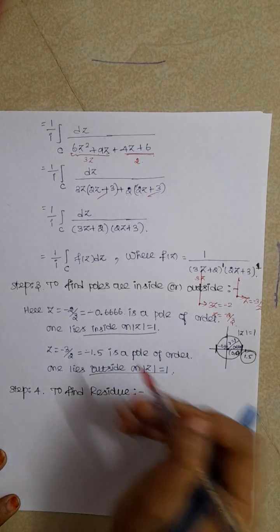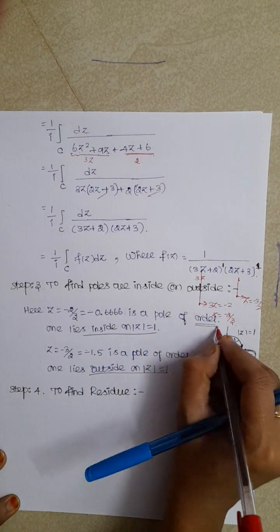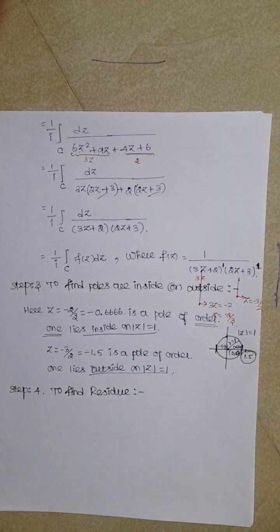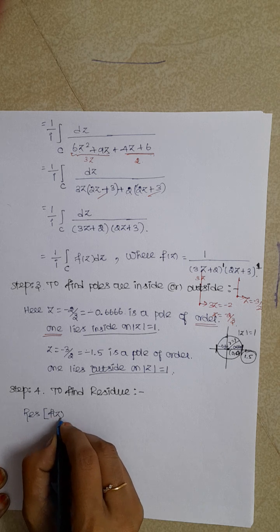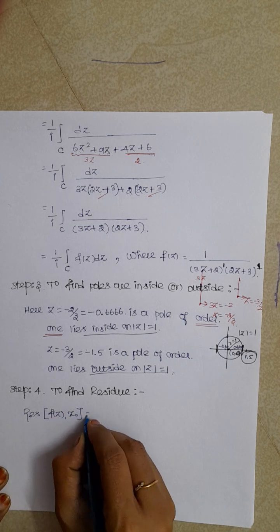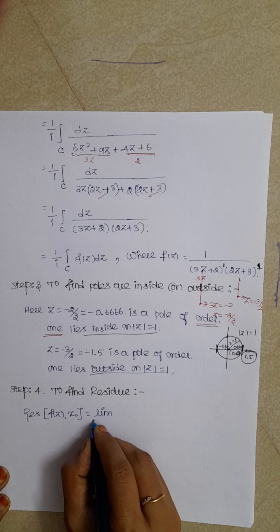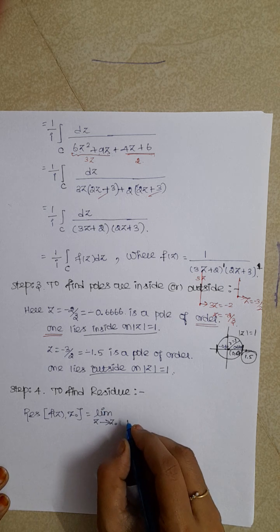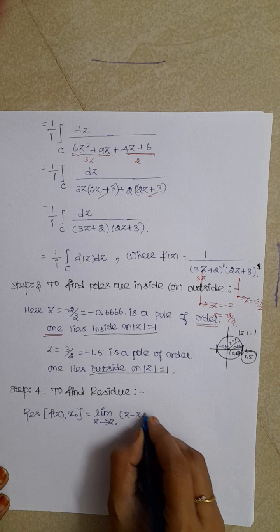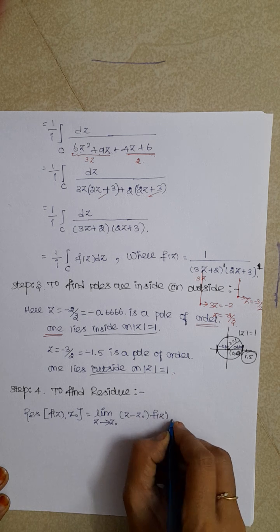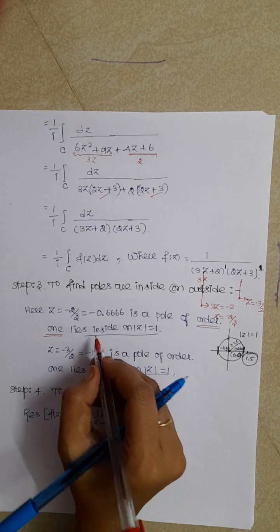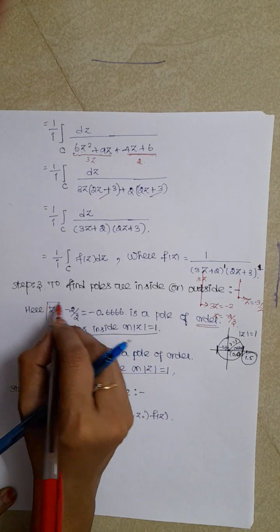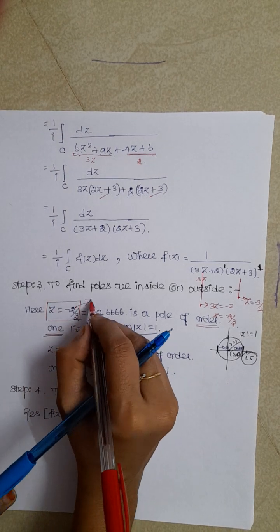So by using the formula, residue of f(z) at z naught is equal to limit z tends to z naught of (z minus z naught) into f(z). Here the z naught value is the pole that lies inside the contour. So this value is the z naught value.